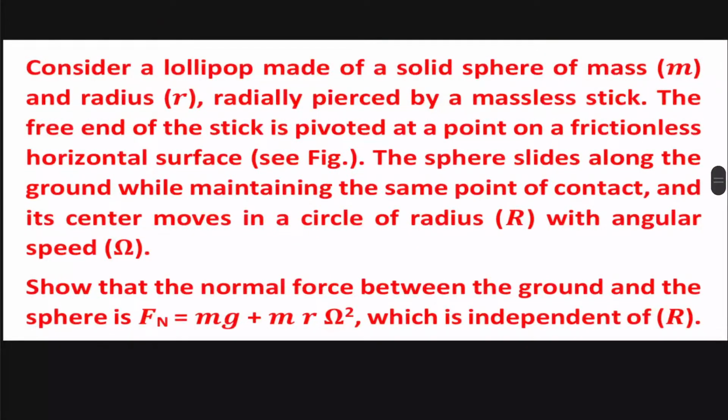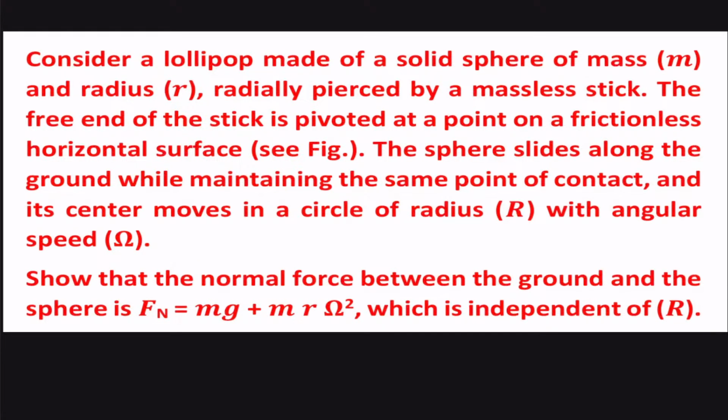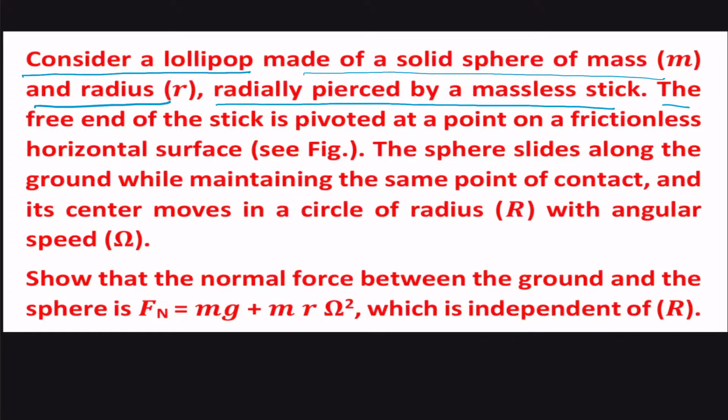And the second question states that, consider a lollipop made of a solid sphere of mass m and radius r, radially pierced by a massless stick. The free end of the stick is pivoted at a point on the frictionless horizontal surface, see figure.